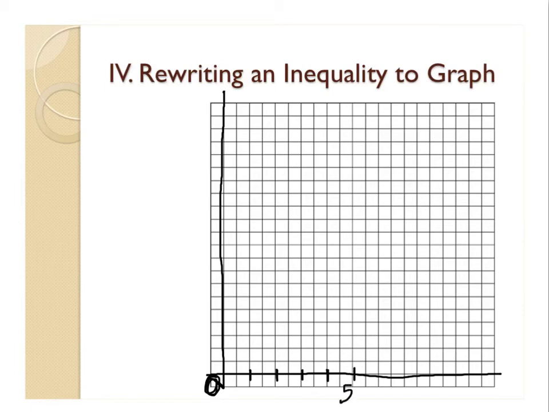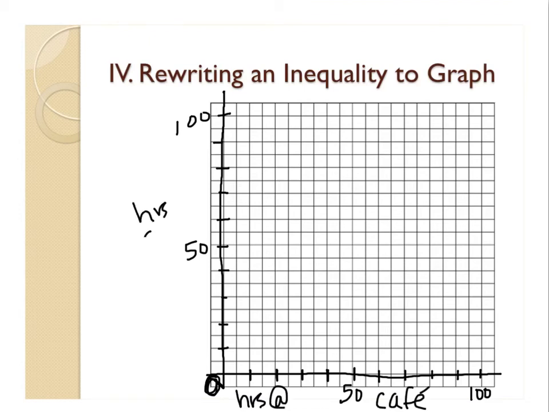So there's 50, 60, 70, 80, 90, 100 hours. 10, 20, 30, 40, 50, 60, 70, 80, 90, 100. So again, there's 50, and there's 100. And we need to know that this is hours at the cafe, and over here this is hours at the market.